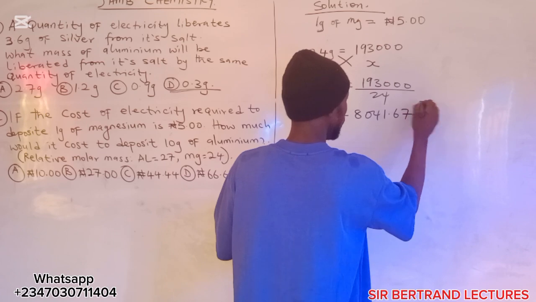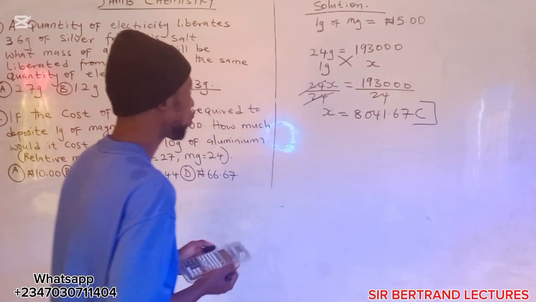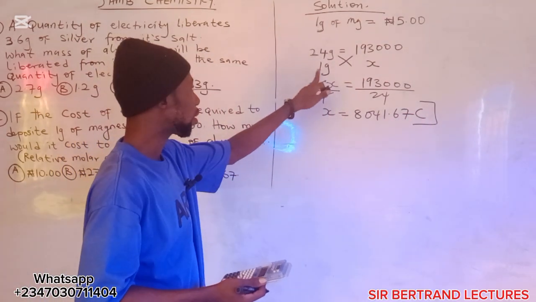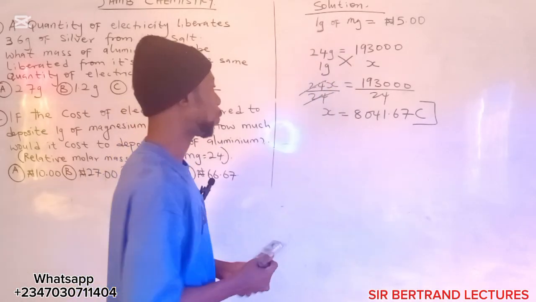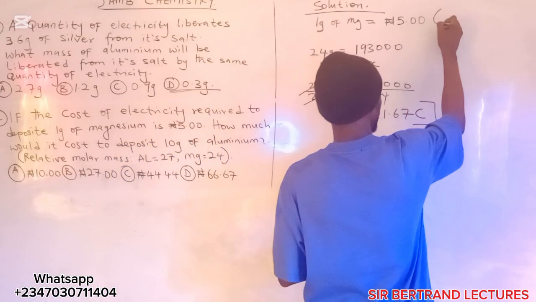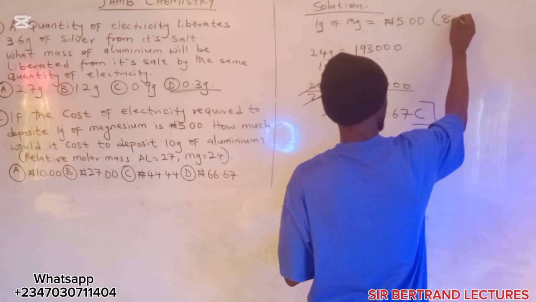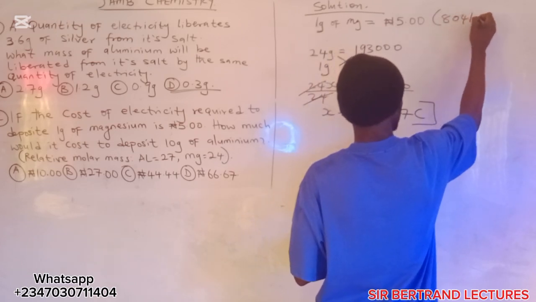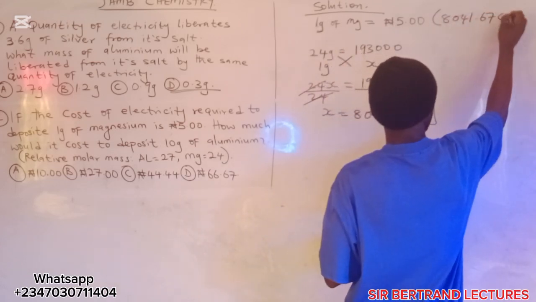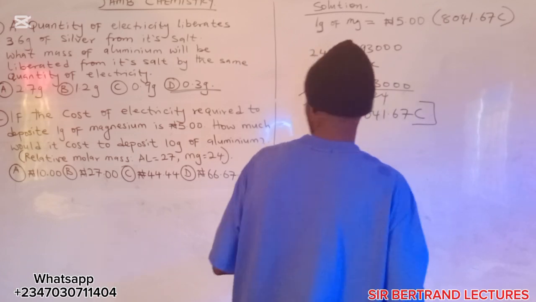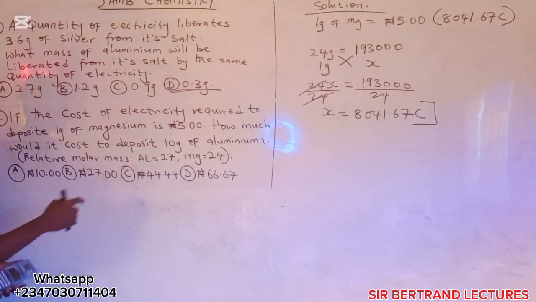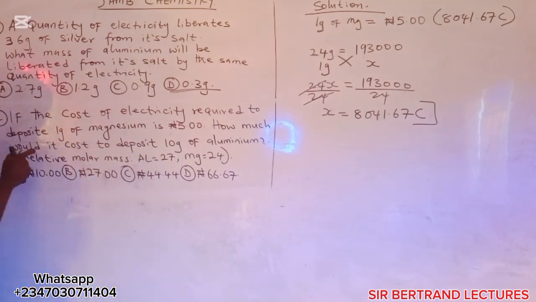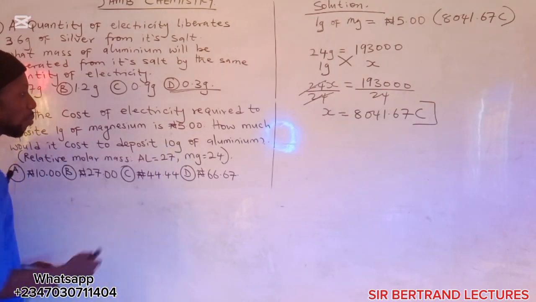This is the quantity of electricity that will liberate 1 gram of magnesium, that is 8041.67 coulombs.